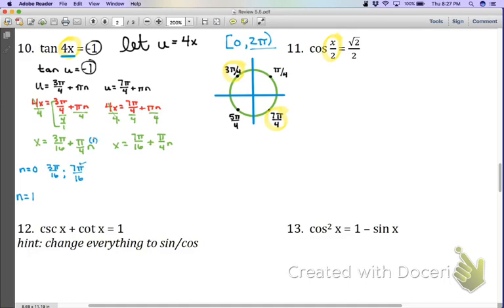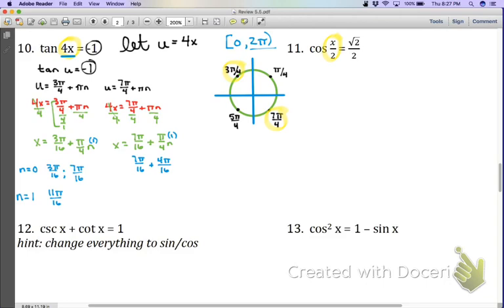Then I do the same thing over here. I plug in 1, so I have 7 pi over 16 plus 4 pi over 16, so that is 11 pi over 16.